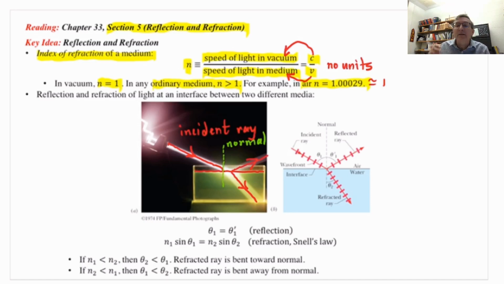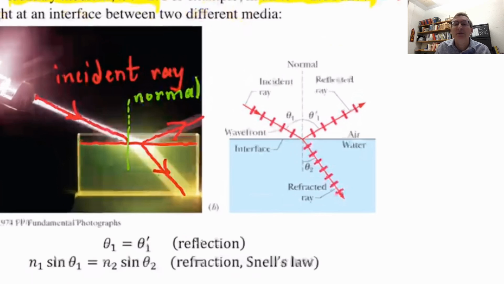Now on the right, we have a schematic representation, which enables us to add more information. Let me expand it so you can see it a little better. So we have an interface between air and water. There's the normal to the interface with the dashed line. See, it's just perpendicular to the interface.